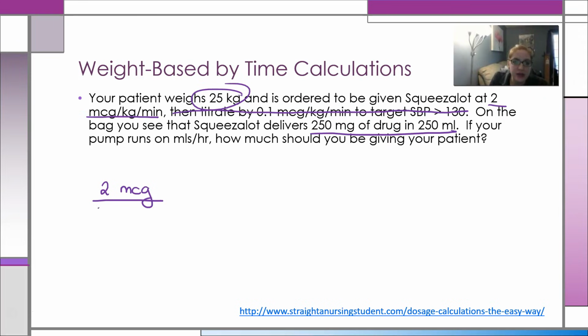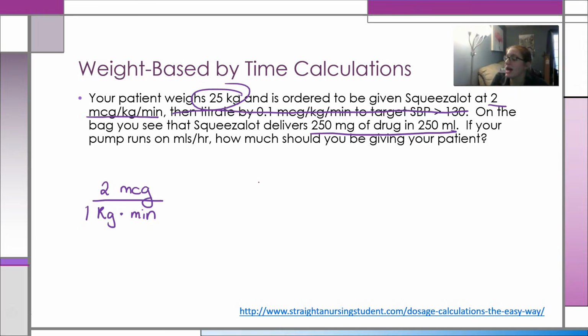So you're going to have kilograms on bottom and minutes on bottom. And you can throw a 1 in front of there. You don't have to. It's up to you. Just keep in mind every unit to the right of the division bar has to go underneath the fraction.